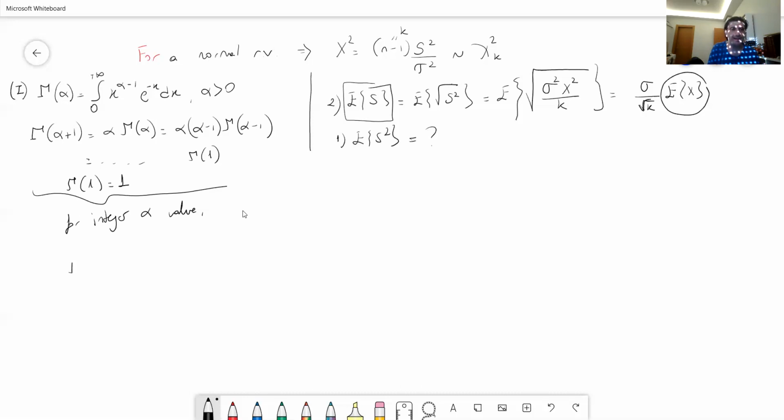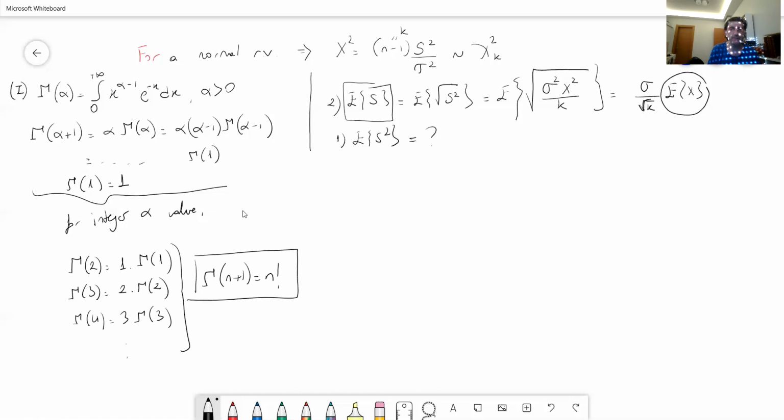So think about the idea like this. This is going to be equal to 1 times gamma function of 1. Gamma function of 3 is going to be equal to 2 times gamma function of 2. And it goes like this. This is going to be equal to 3 times gamma function. And we can easily write by using induction, actually, gamma function of n plus 1 is going to be equal to n factorial.